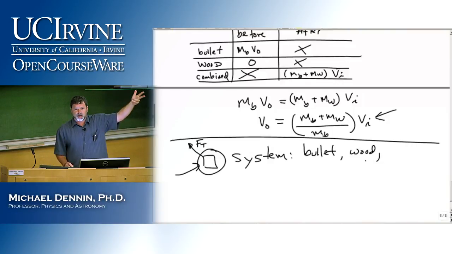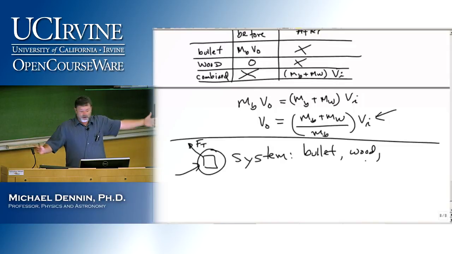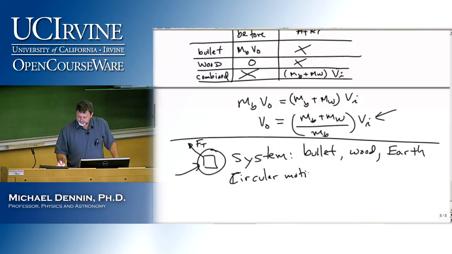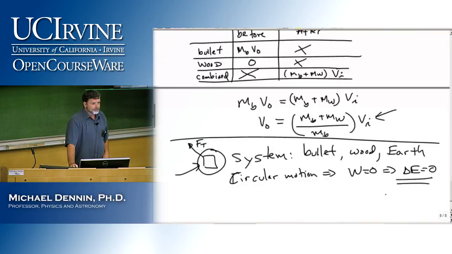And what's our third object? The Earth, because we want to use potential energy of gravity. Right? And we know that it's doing circular motion. So therefore the work is 0, and therefore we can conserve energy. We okay with that?